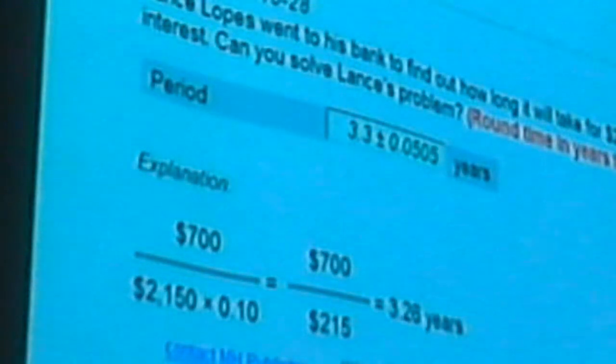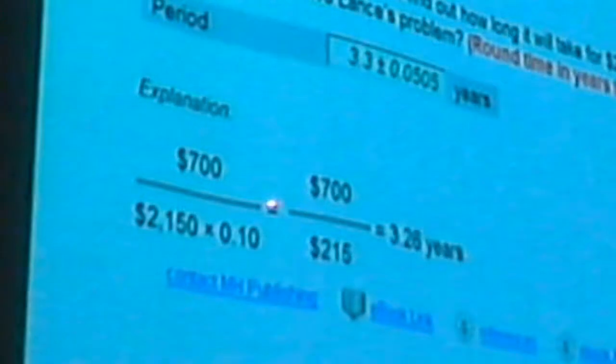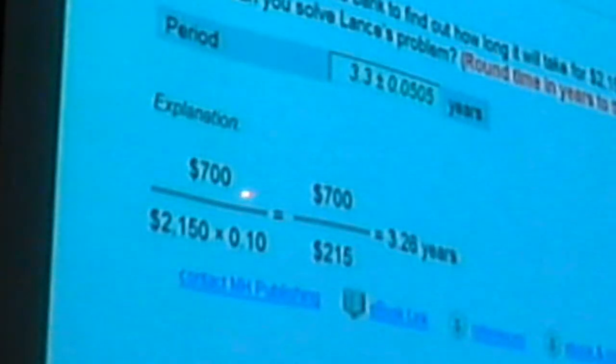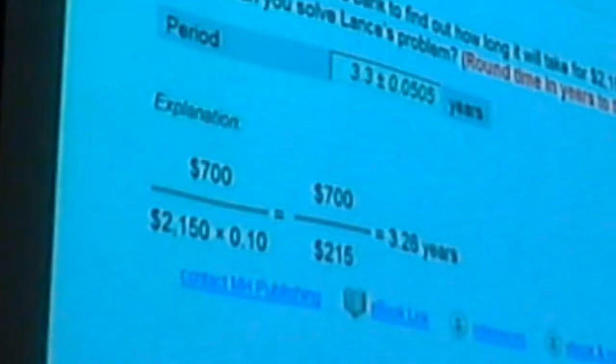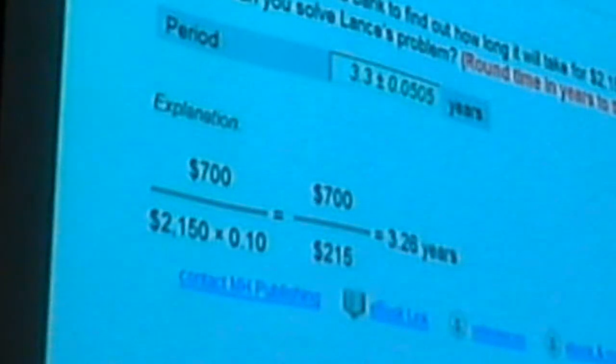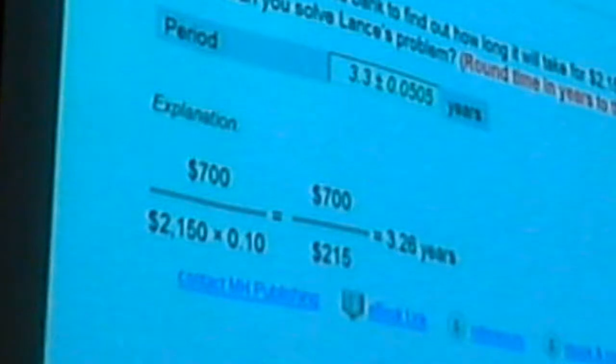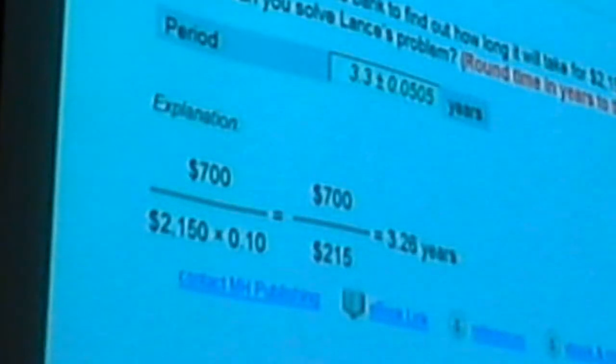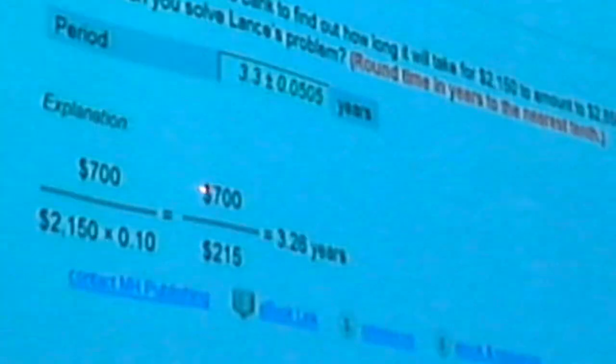I'm going to jot that down. Okay? The 700, how do we get that? We subtracted these 2 amounts. And why do we do that? Because he's investing this much, and he wants to know, how long is it going to take for it to grow to this amount? So this $700 is what he'll earn in interest, if he's earning 10%, right?